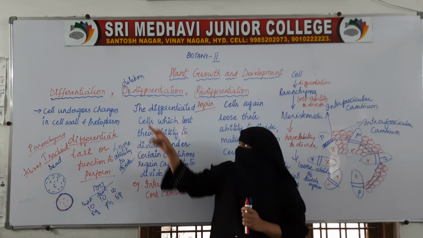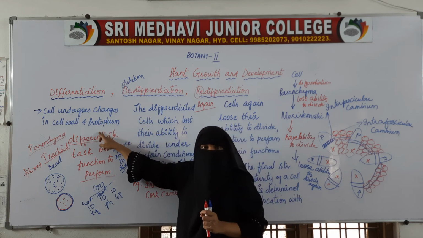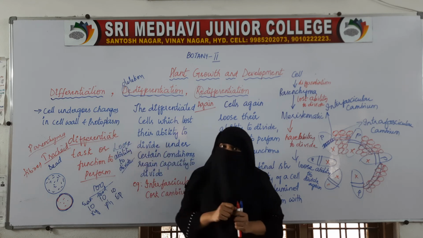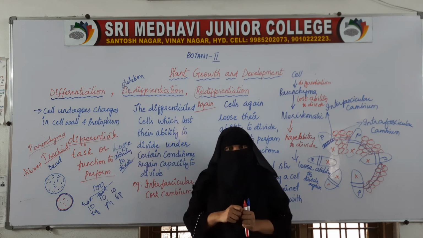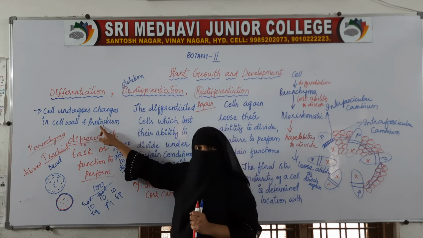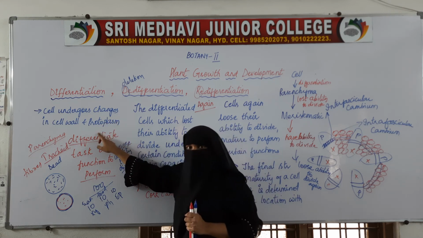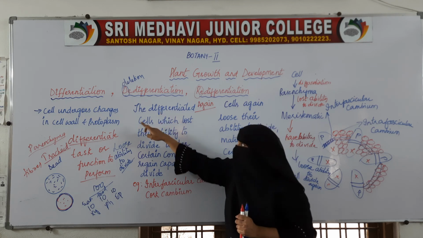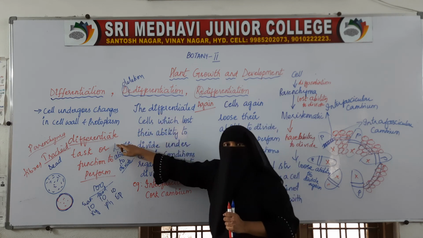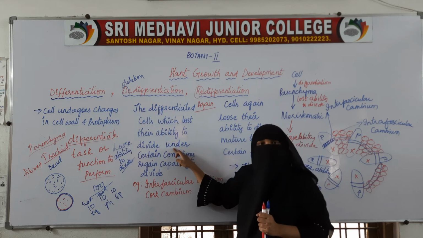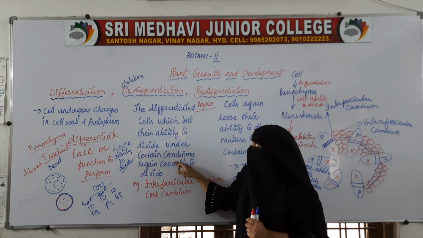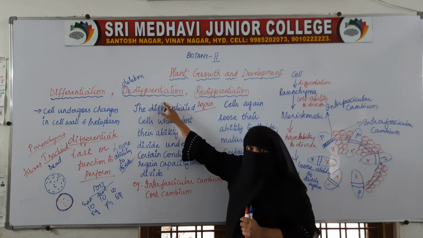So the process of assigning a particular function to a cell, after which the cell loses its ability to divide, is called differentiation. Then the differentiated cells which have lost their ability to divide will again regain their ability to divide under certain conditions. That process is called dedifferentiation.